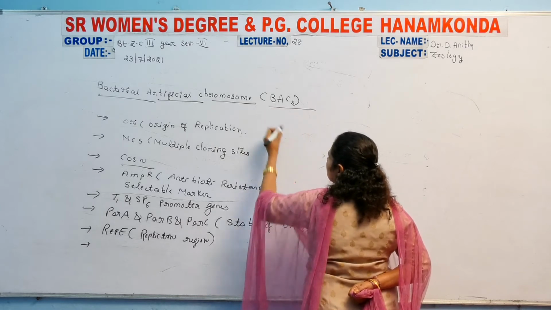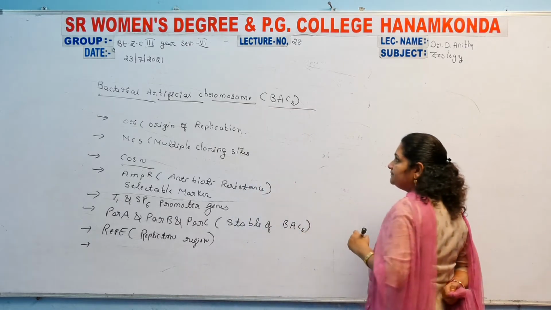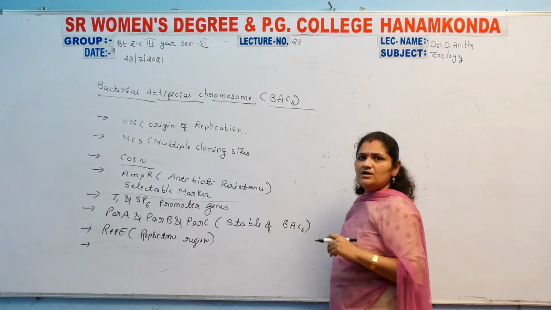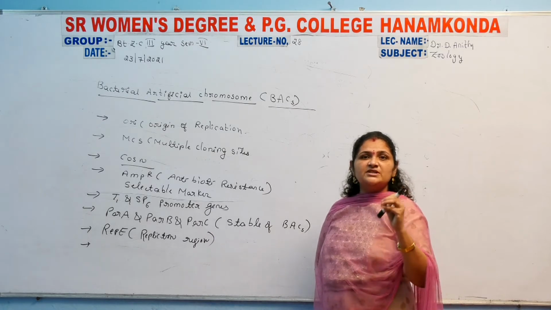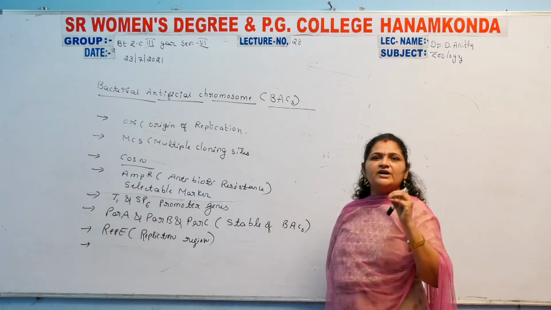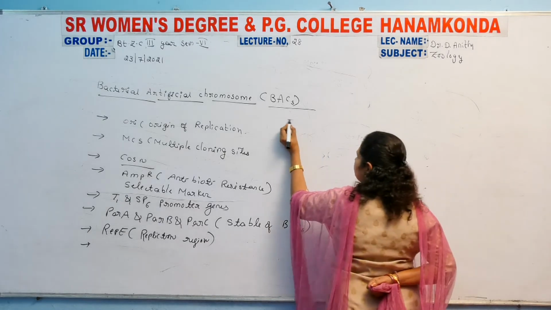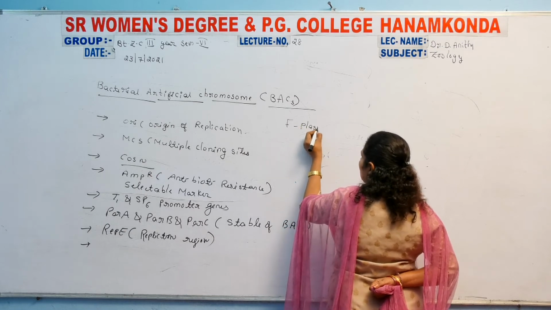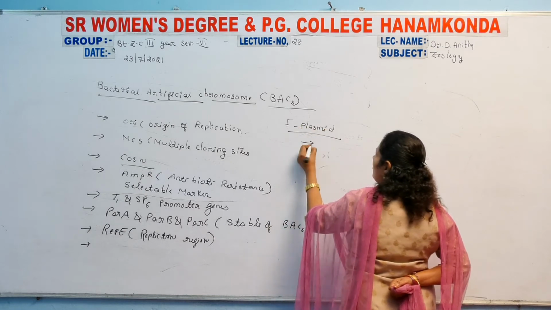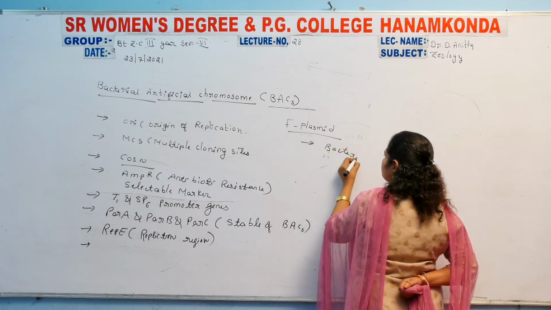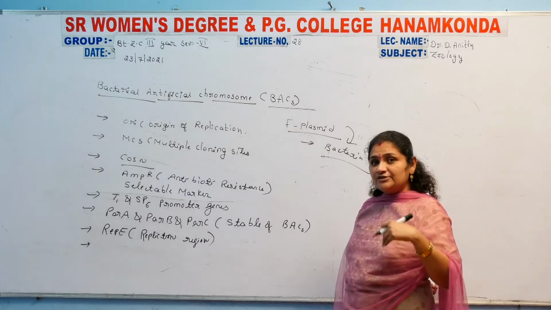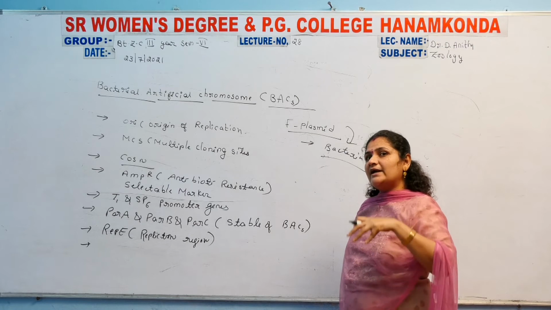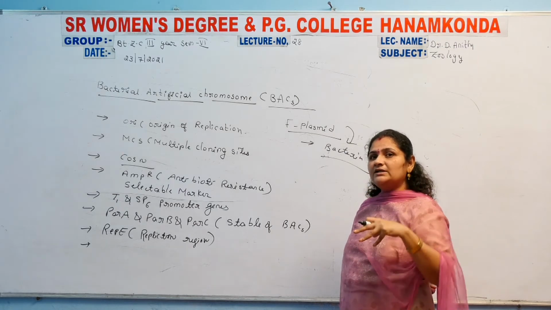The bacterial artificial chromosome contains the fertility plasmid, the F plasmid. The F plasmid, the fertility functional plasmid, was cloned into the bacterial cell, into the bacterial DNA.